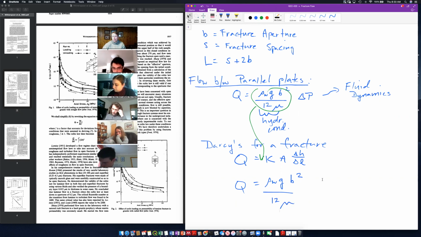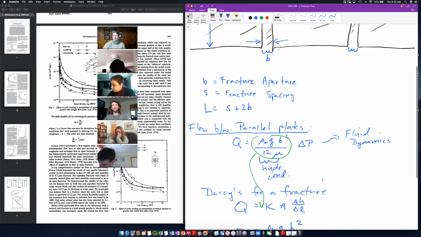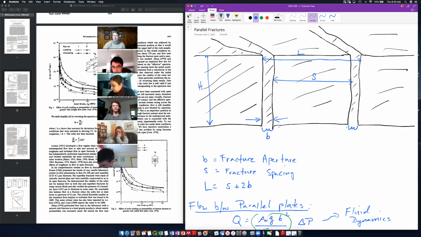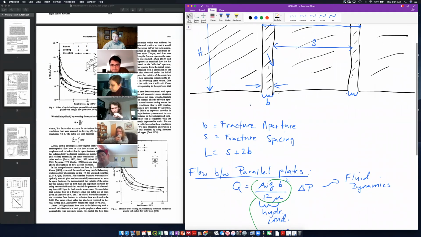All right. If I go up here to my drawing, let's say we're interested in flow coming out of the board here, what is the area of this fracture across which flow is coming? BH? Yeah, B times H. It's the width times the height. All right.